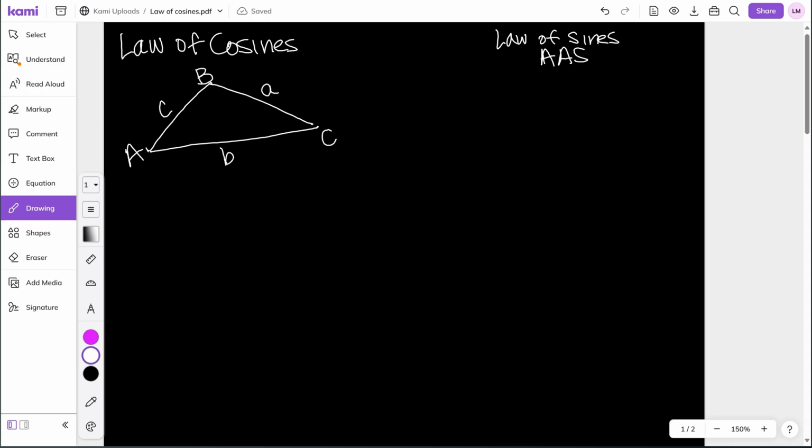Where law of sines looks at consecutive, like angle and then an angle and then a side, law of cosines looks at sides and the angle between. So law of cosines, we're dealing with side, angle, side.